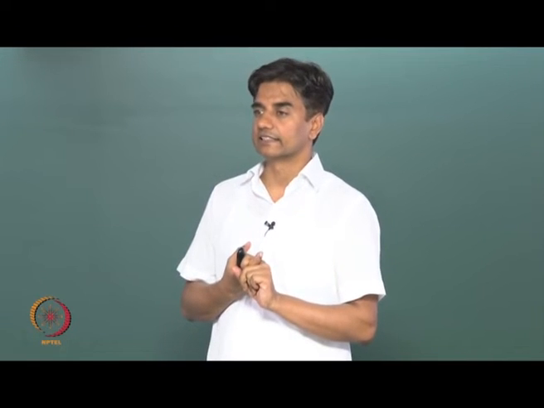Now, what I am trying to show you here is that the word hargiz is called a negative polarity item. This word cannot occur in this type of sentence if there is no nahi. If we do not use nahi, then we cannot use hargiz.